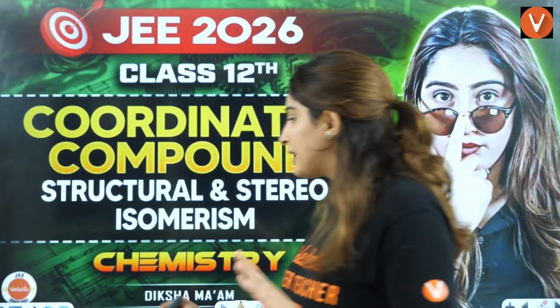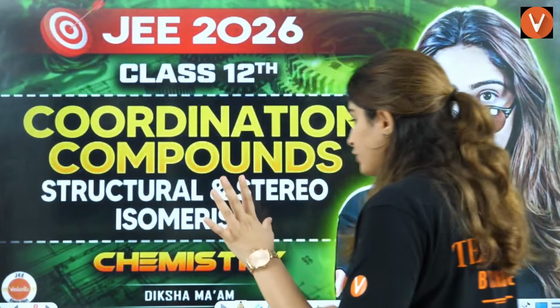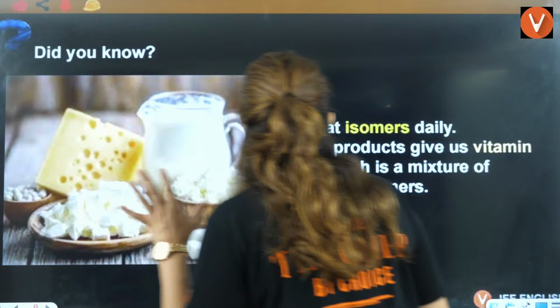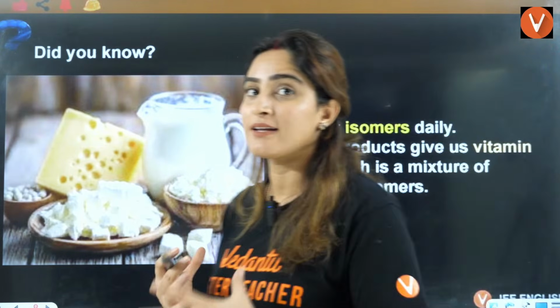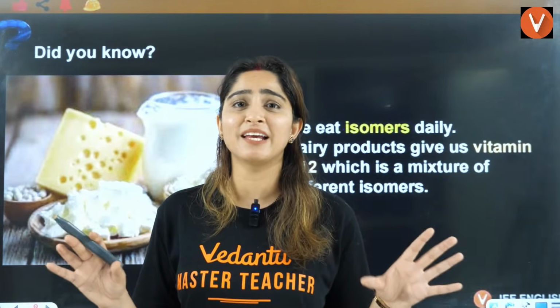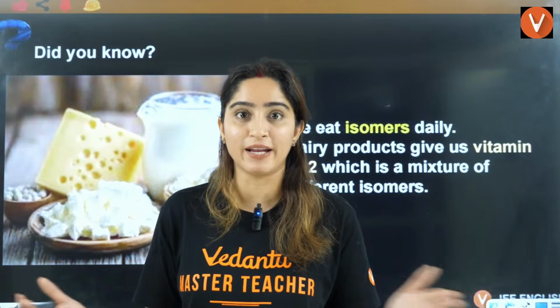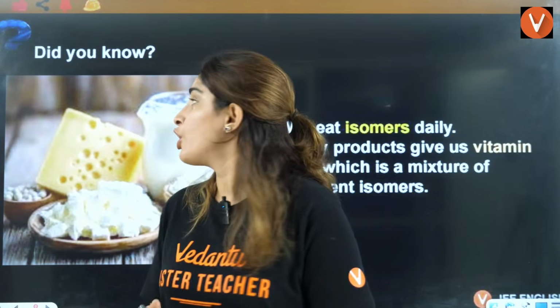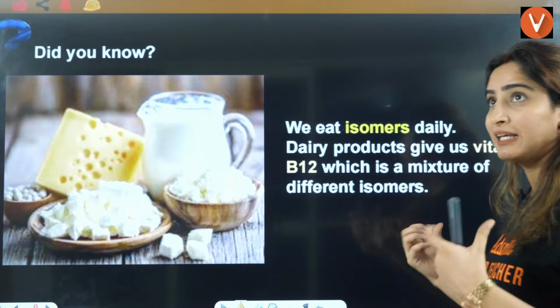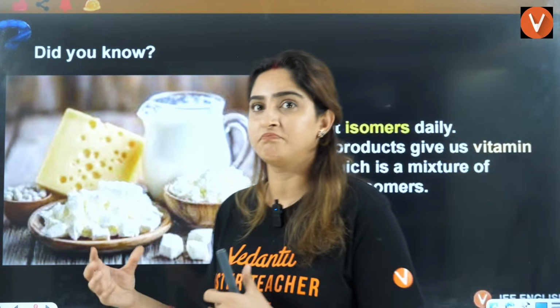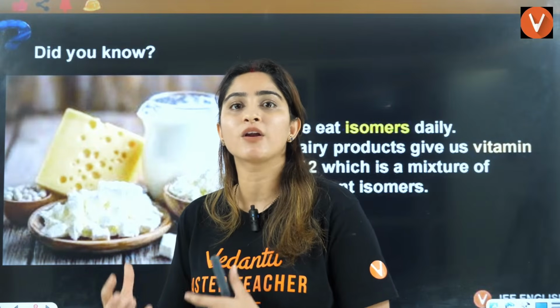Okay. So everybody, last time I gave you homework, right? But before that, one thing: if you talk about isomers, they are actually everywhere in our life. We eat isomers daily. Ghee, butter, curd, these all are isomers.